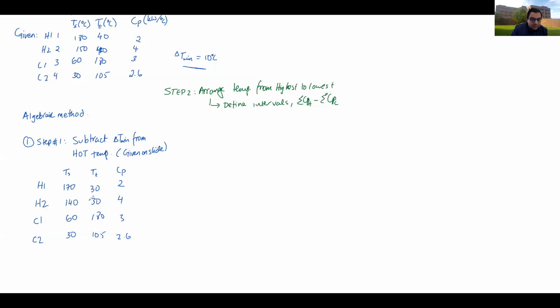So let me start arranging my temperatures from hottest to coldest. My hottest temperature in this case is 180. Basically, this is how I do it. Find a way which works for you and go for it. Doesn't matter. So my highest temperature is 180. My second highest temperature in this case is 170.